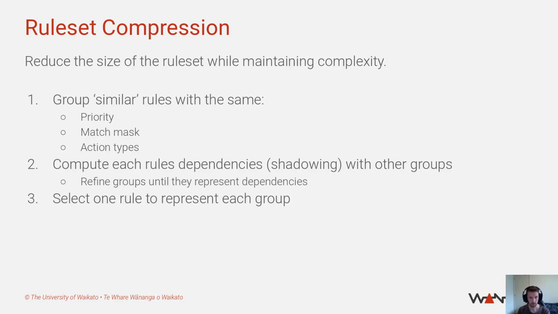We create groups out of these similar rules. We then refine these groups to ensure that the dependencies, so that is which rules shadow another or match overlapping sets of packets between groups, are all the same for all rules in them. And then from these groups we select one rule to represent all those similar rules in each group.